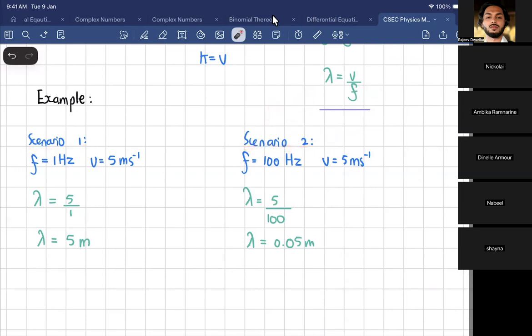So Nikolai, you notice that this scenario had the higher frequency, but the lower wavelength. Exactly. So just from seeing this, if you increase frequency, what happens? The wavelengths become lower. Exactly. Do you understand this? Yeah.